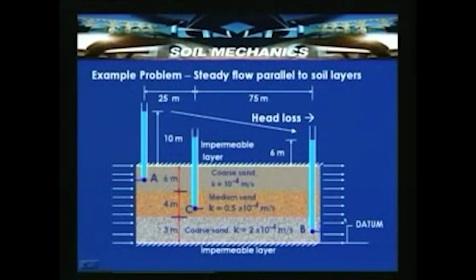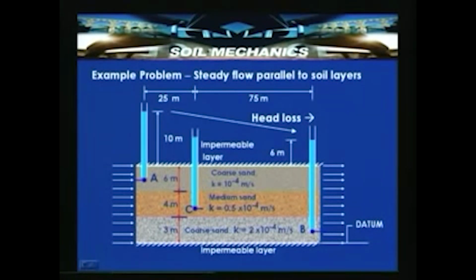The flow Q entering here, conforming to conservation of mass, is equivalent to the flow coming out of the soil. This flow can get divided into Q1, Q2, Q3, so the total flow Q is equal to Q1 plus Q2 plus Q3.